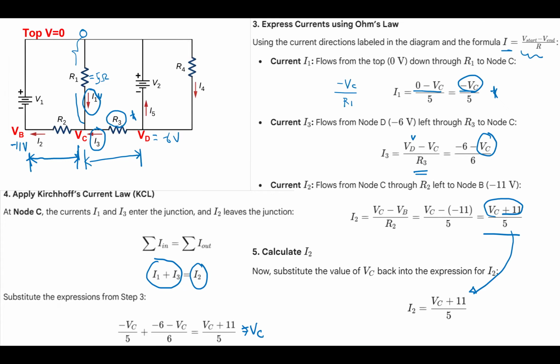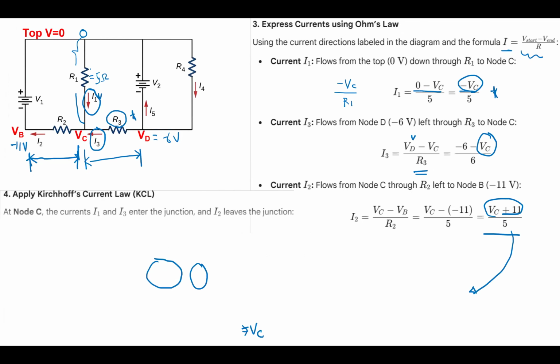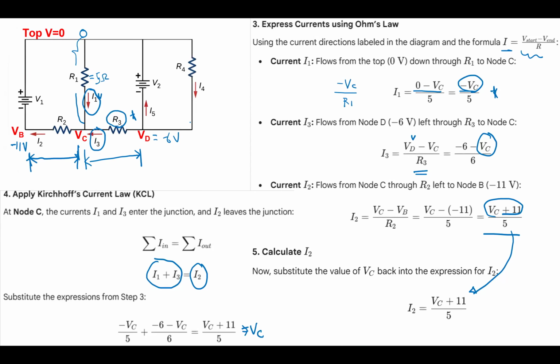Okay. And then eventually we can get what we want. Find out I2. Note that this will give us VC and this will give us I2. This is our final result.